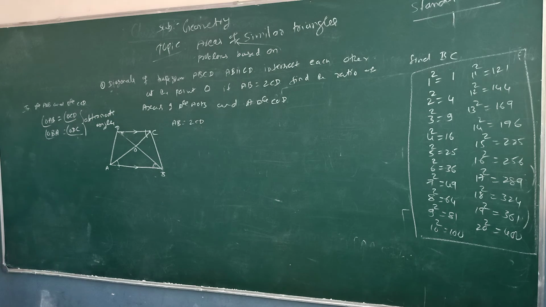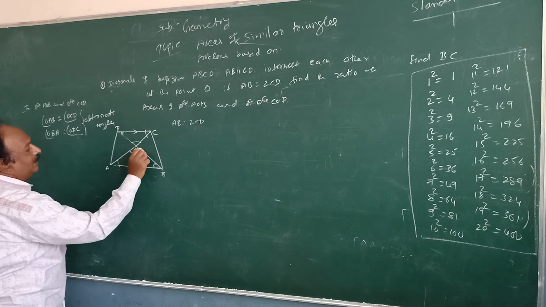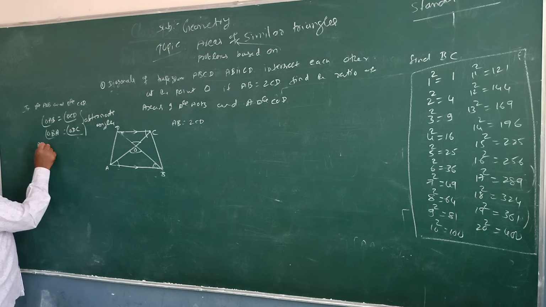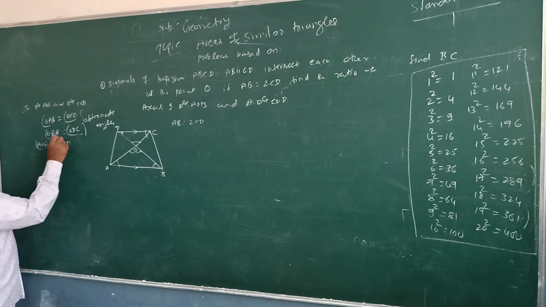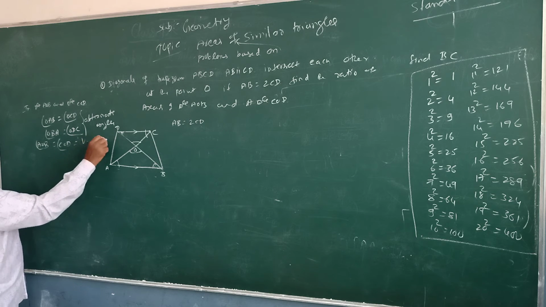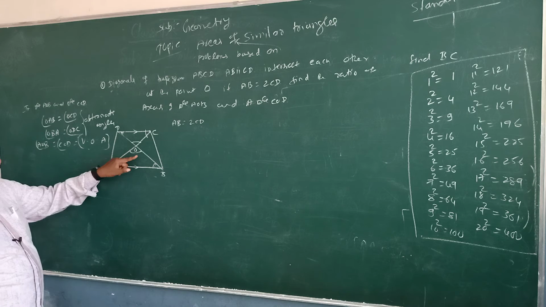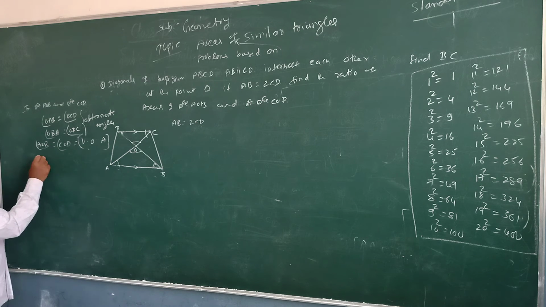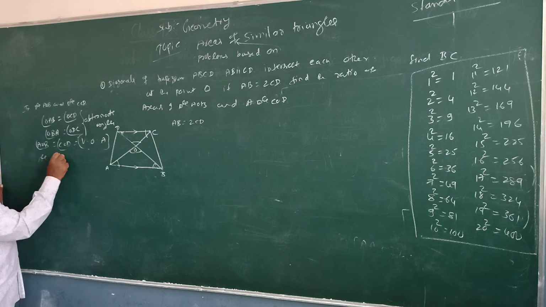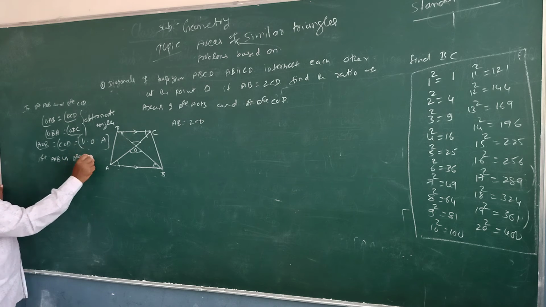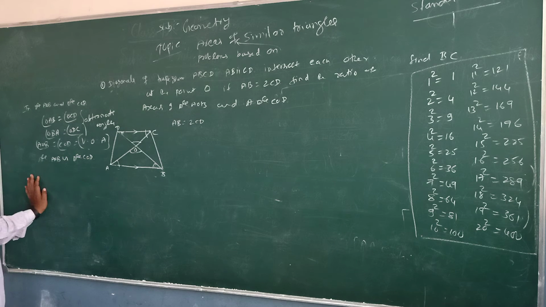If you want, you may write this one. Angle AOB is equal to angle COD, we call it vertically opposite angles. Therefore, triangle AOB is similar to triangle COD.